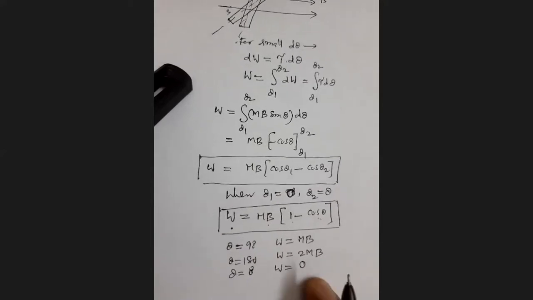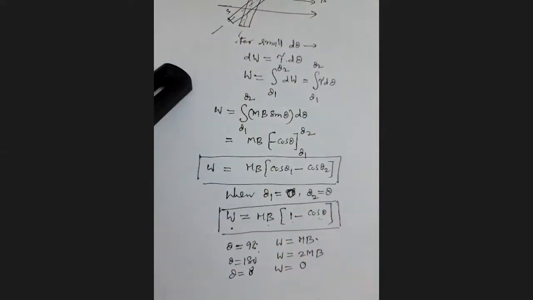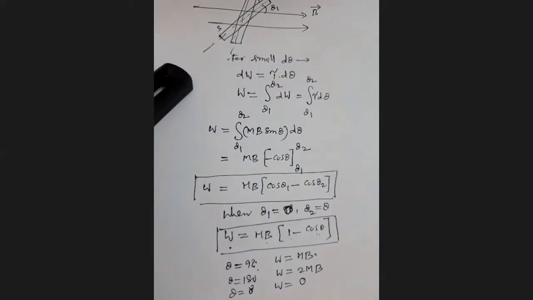So when the dipole is parallel to the field, no work is done. That is what we are observing here. In rotating the dipole from the field direction to the perpendicular position, the work done is mB. In rotating the magnetic dipole from the field direction to the opposite direction, the work done is maximum, equal to 2mB.